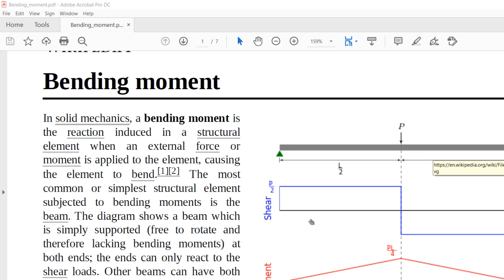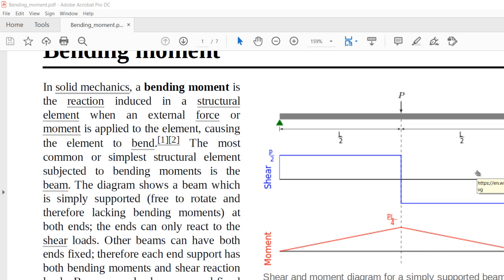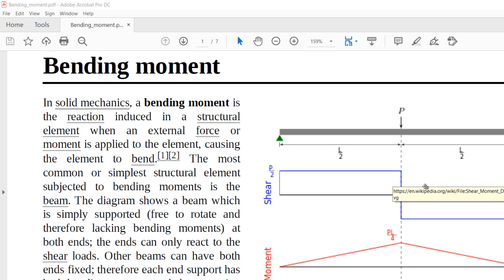You can see here the diagram shows a beam which is simply supported, free to rotate at both ends. The ends can only react to the shear. So I have a shear stress.